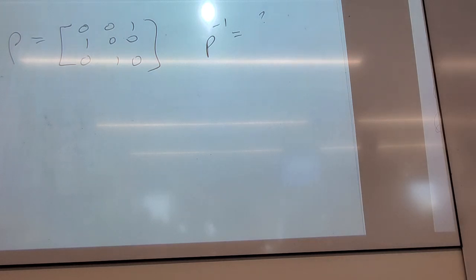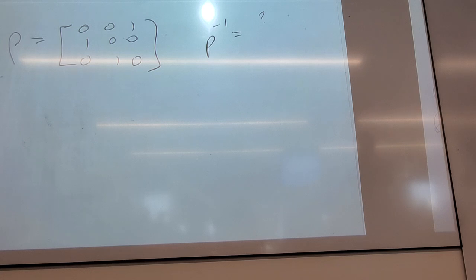For a 2x2 matrix, do we have a shortcut to get the inverse? Yes, and that's part of what I tested you on. Some of you forgot. You did the augmented with the identity. I didn't say you had to do it a certain way, so that was fine. In general, I could augment this with the identity, but does anyone notice something we just did a moment ago? We actually already calculated what P inverse was for this specific P.